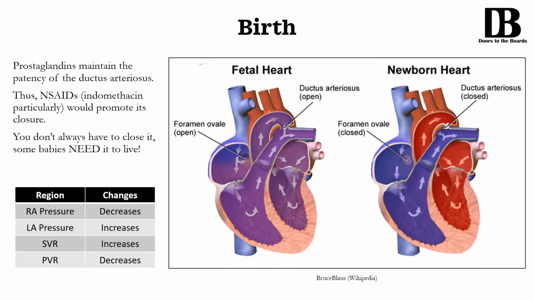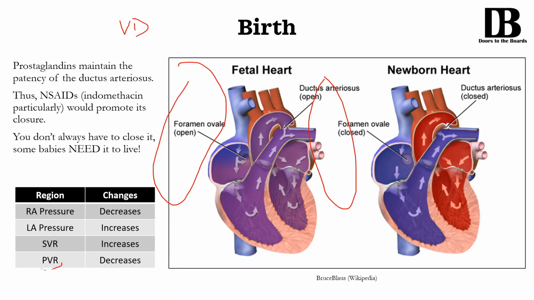However, when the baby is born, now things are different. Well, the lungs, for example, have more oxygen, so their arteries would actually vasodilate. And because of this, pulmonary vascular resistance goes down. Recall that the placenta was favoring this low resistance to take blood and replace it with new blood.